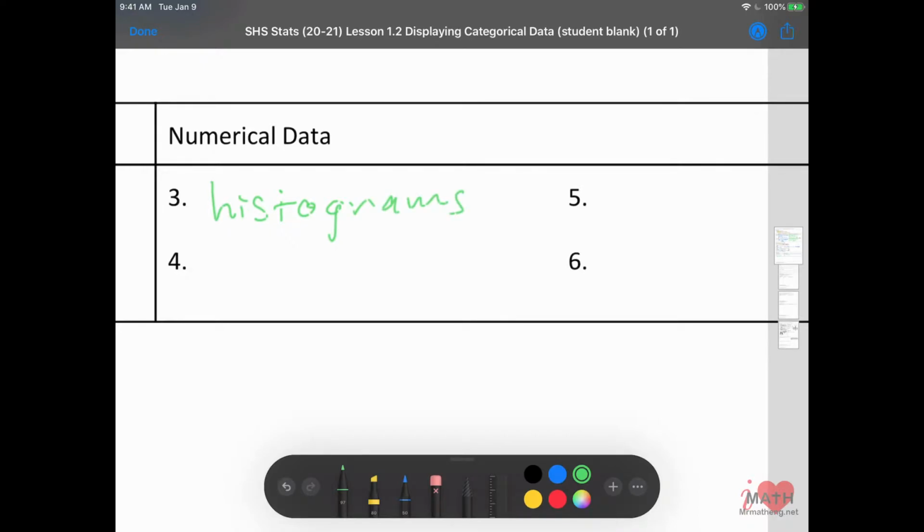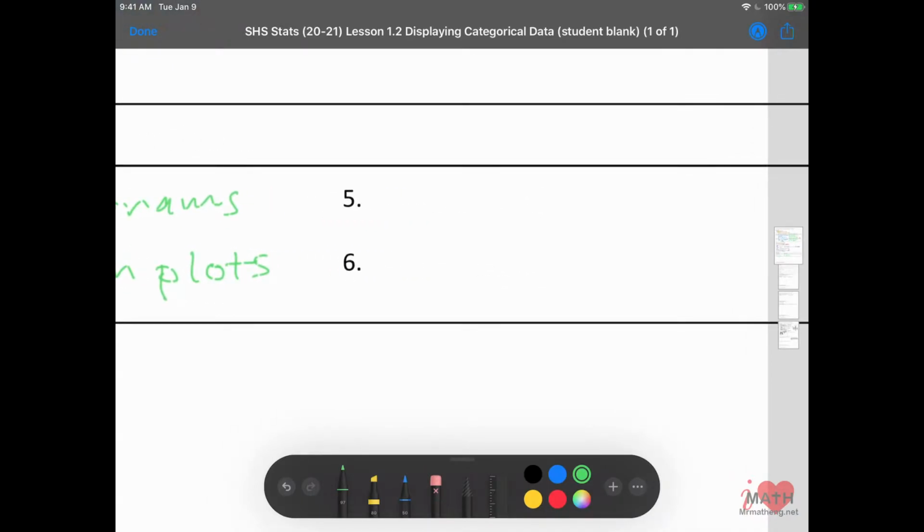You can note the difference between bar graphs and histograms. Histograms touch. You can have stem plots, dot plots, and a cumulative frequency graph.